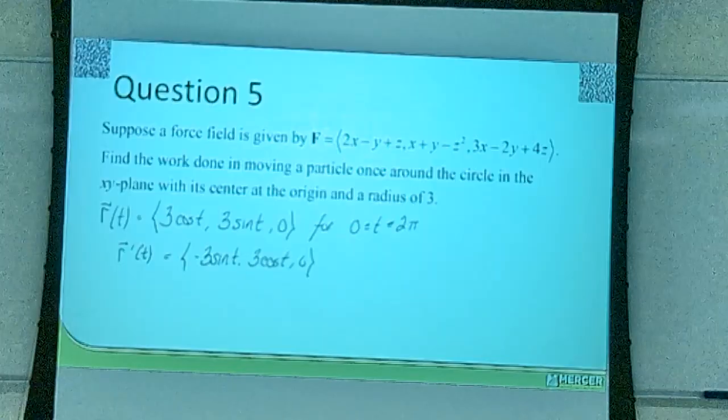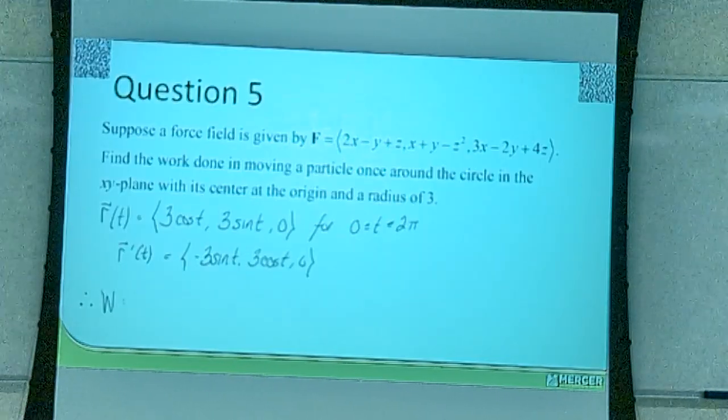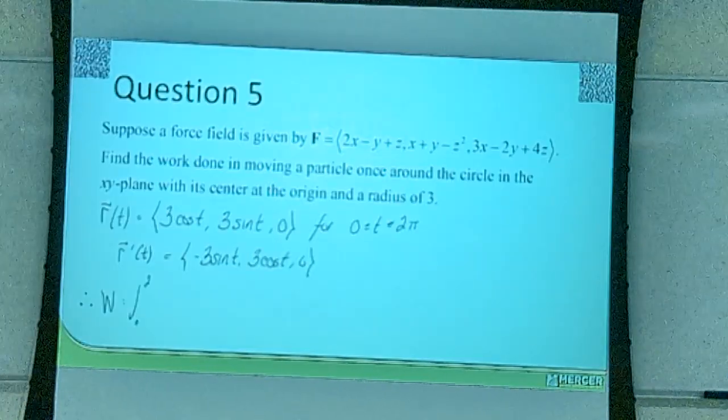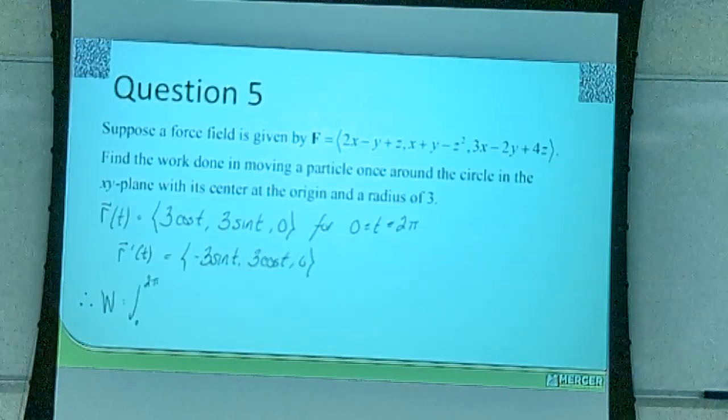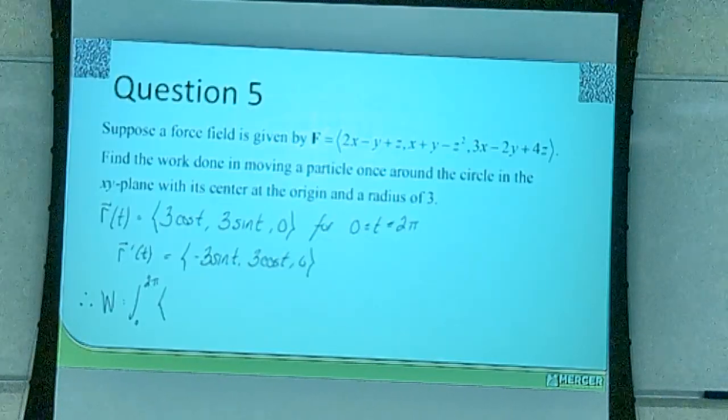And that's our r prime. Work would then be the integral from 0 to 2 pi. Evaluate F along the path r.